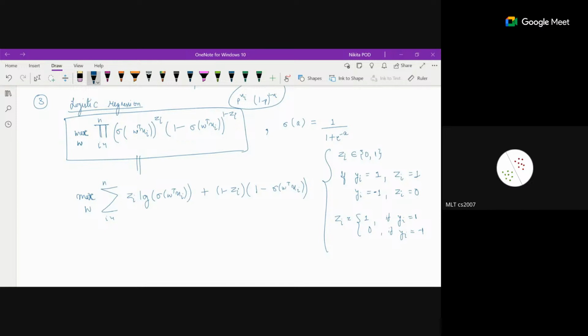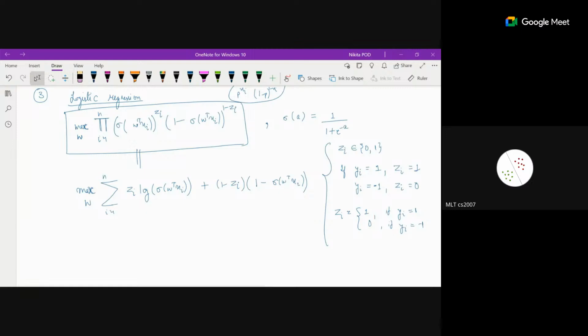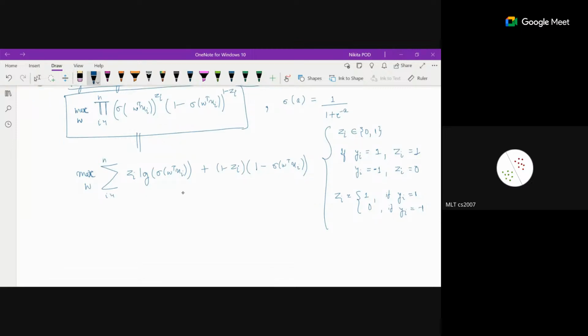Now, what we can do is convert this maximization problem to a minimization problem. If we do that, what do we get?